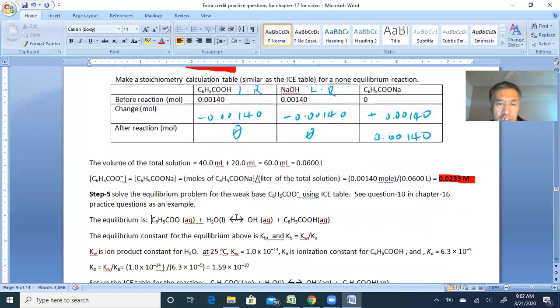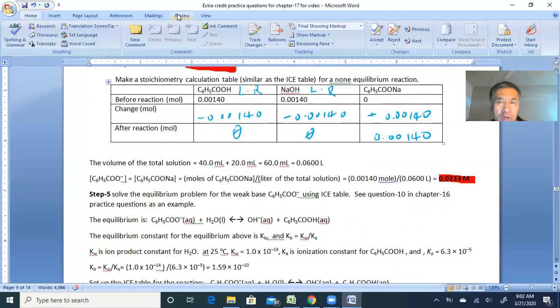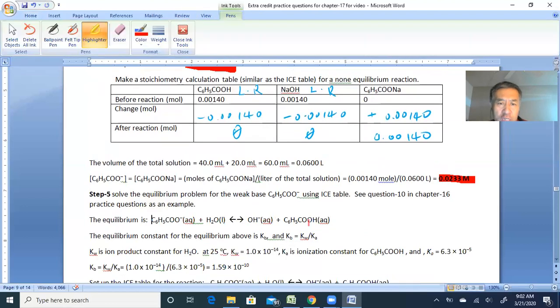So this equation has an equilibrium constant, and we will call this equilibrium constant Kb. To find Kb, you use the equation Kb equals Kw divided by Ka.